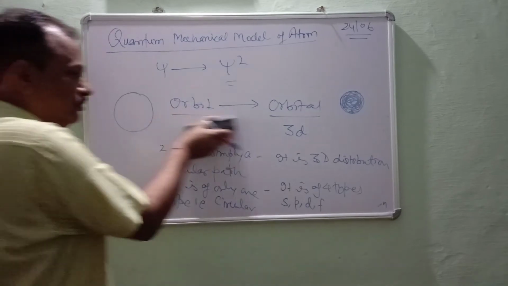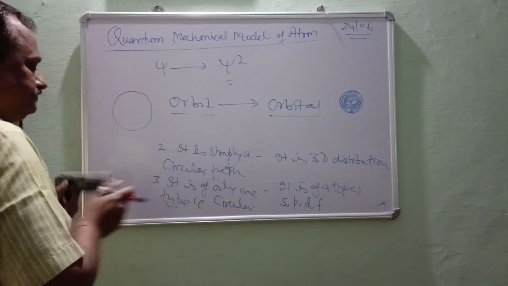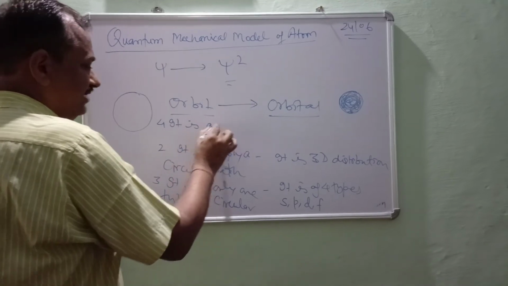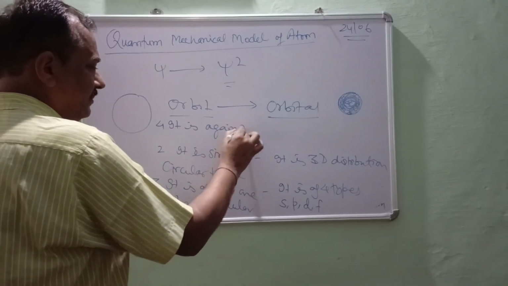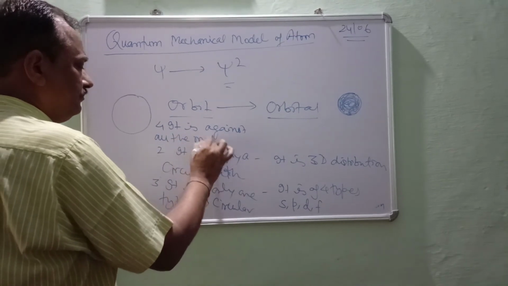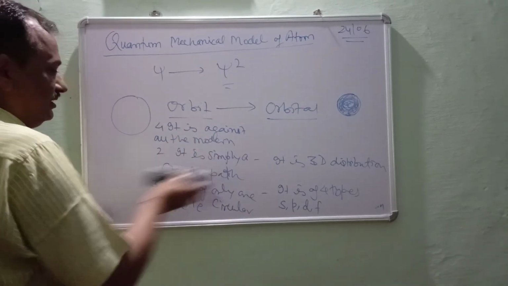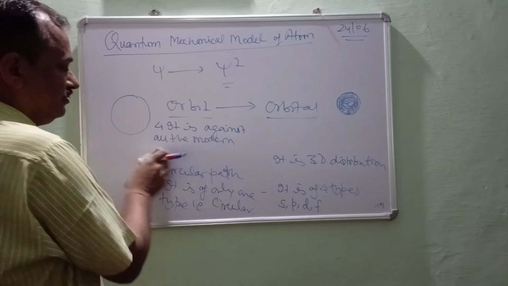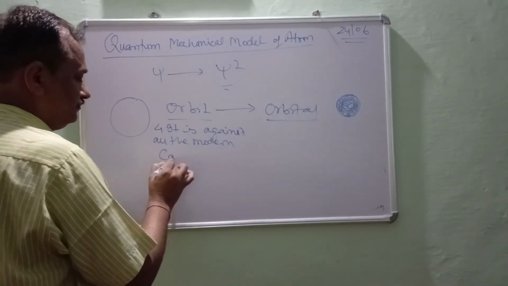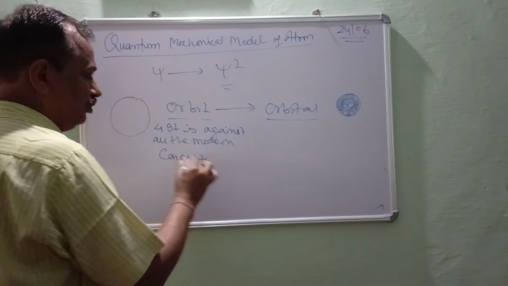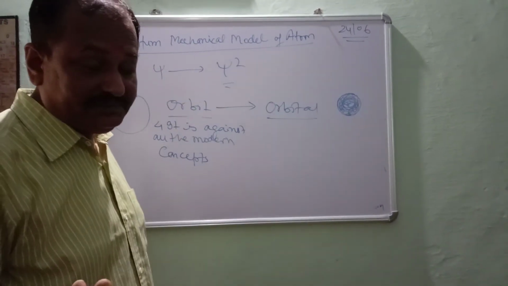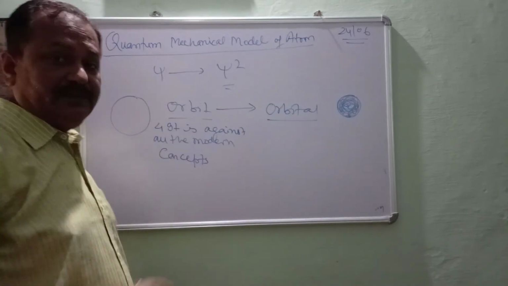Now the fourth point: the orbit is against all the modern concepts, like the de Broglie equation, the Heisenberg uncertainty principle, and this quantum mechanical model.